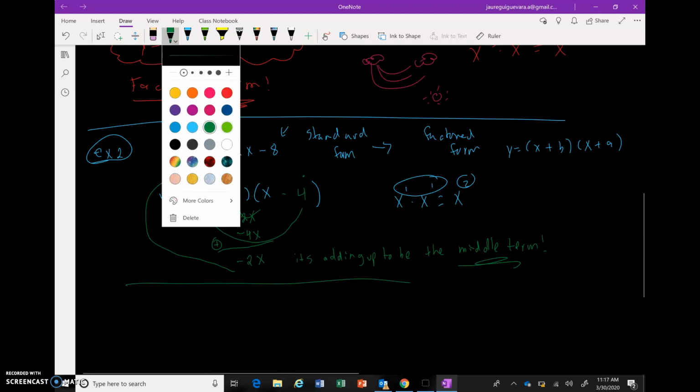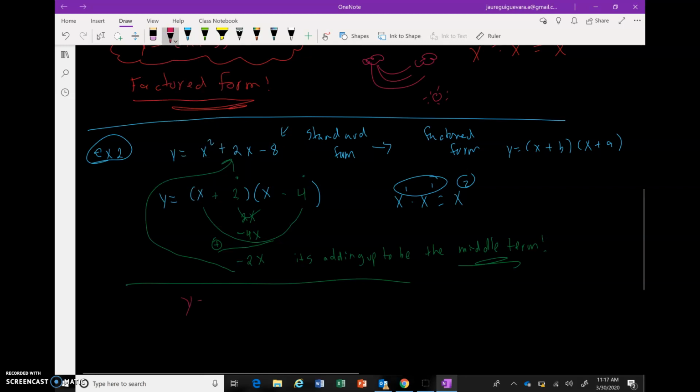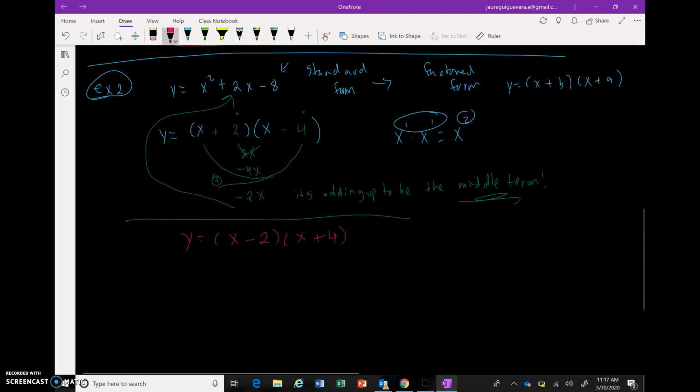So watch this. You get better with practice, guys. If I do y is equal to x minus 2 times x plus 4, let's see if this works now. Do your little rainbow to check. -2 times x is -2x, 4 times x is 4x, and 4x minus 2x gives you 2x. And that adds up to the middle term, which is 2x right there.